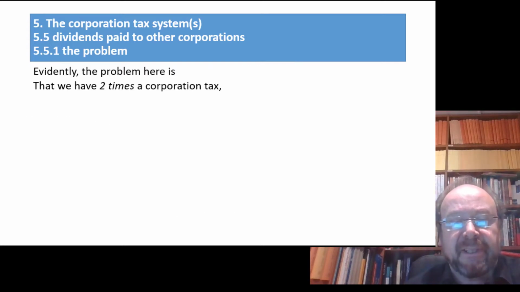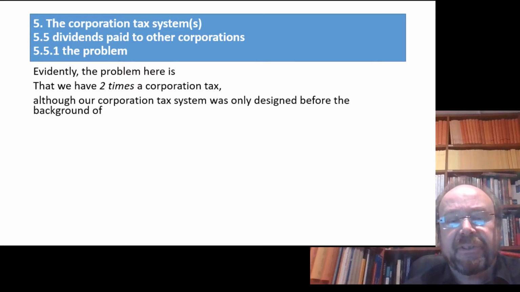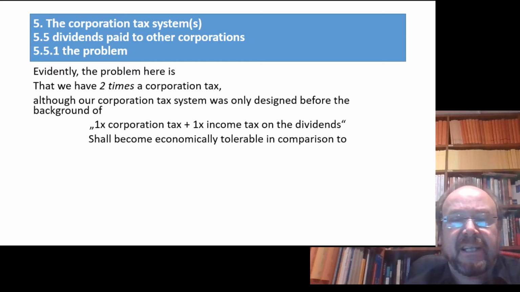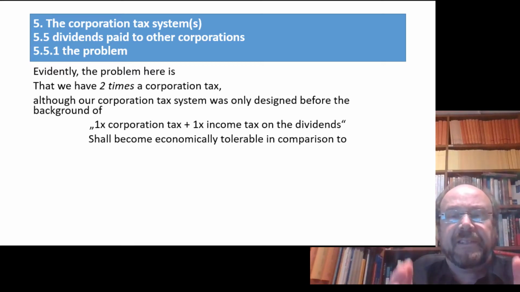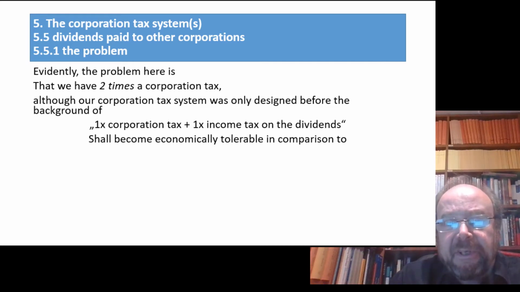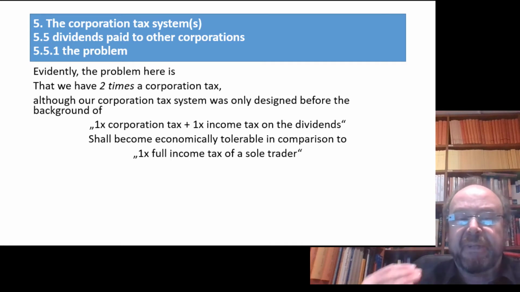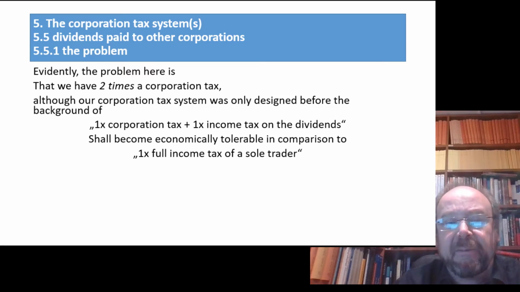So the problem is we have 2 times the corporation tax, although our corporation tax system was only designed for having once corporation tax and once income tax on the dividends. That was then usually weighted or adjusted in a way that once corporation tax and once the dividend income tax together approximately was comparable and competitive with one-time full income tax of a sole trader.